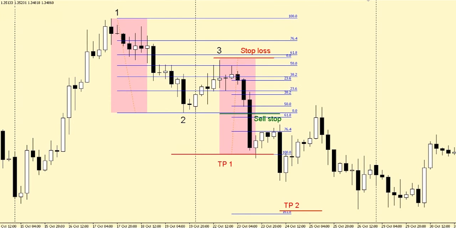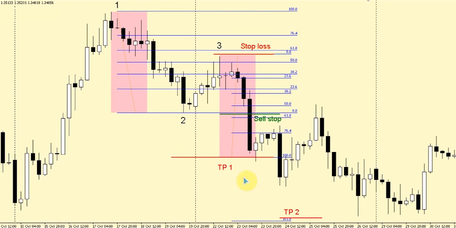But if we notice that the price is bouncing off some important Fibonacci level, let it be level 50 or 61.8, that is a little farther, you can set a stop loss behind the third point as we did in the example.